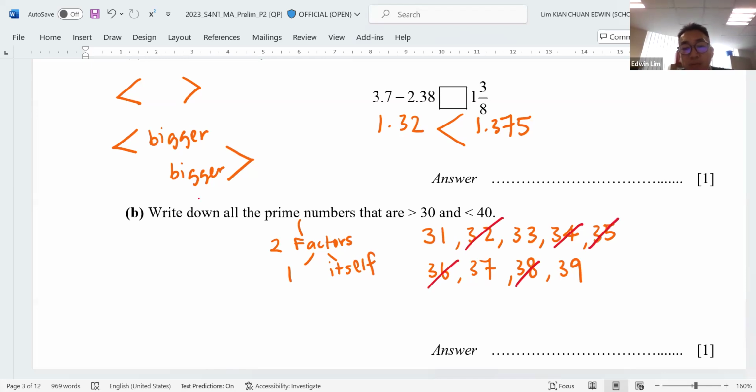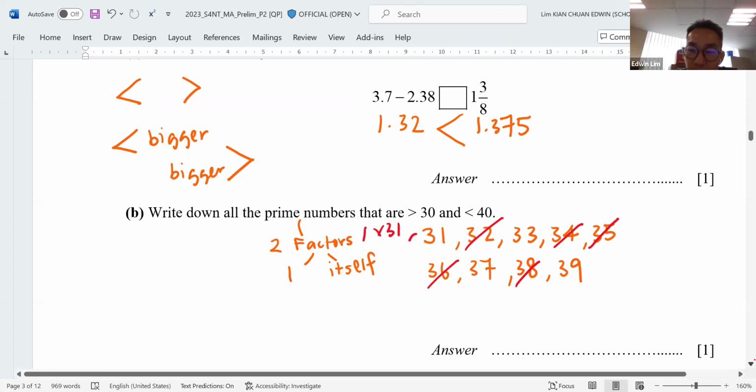All right, now we are left with only 4 numbers. 31, right? Think about it. What equals to 31? It's actually 1 times 31. 33, double digit, is wrong, because it can be 11 times 3.